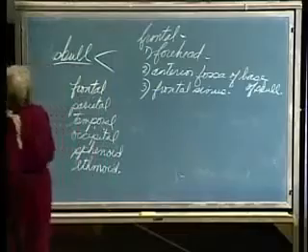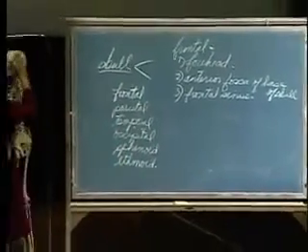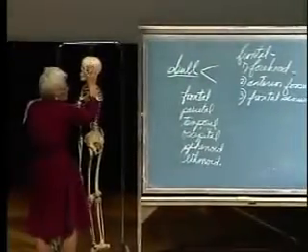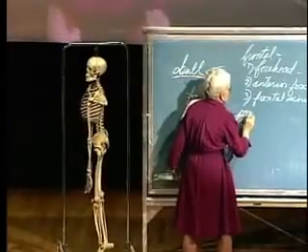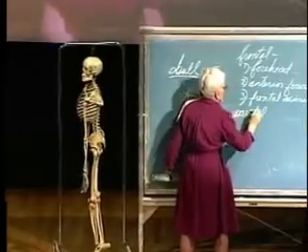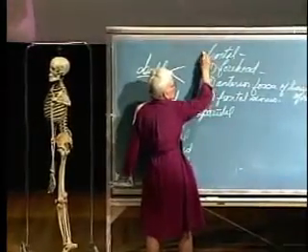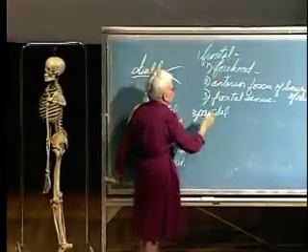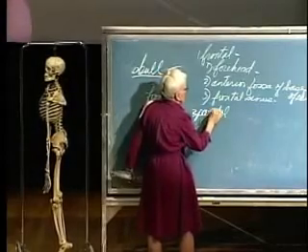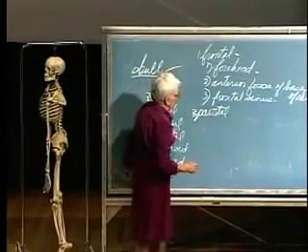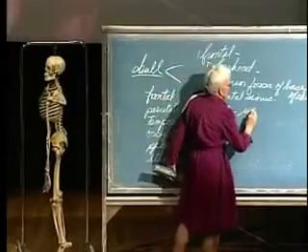The parietal bone, parietal means wall, so it's going to be on the side. There are two of them. The frontal has fused, so you only have one as an adult. Two parietal, wall.